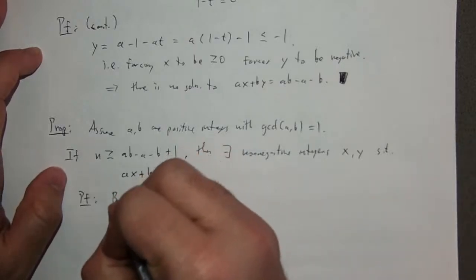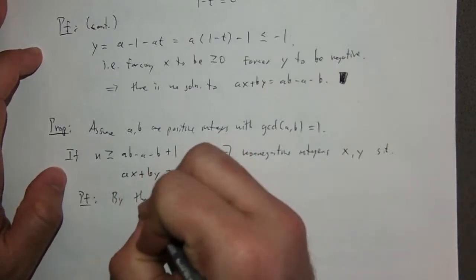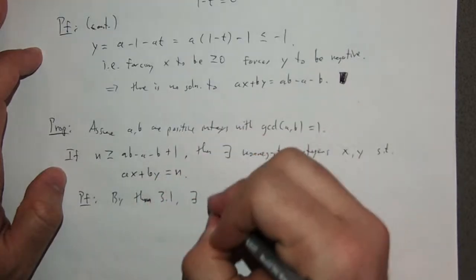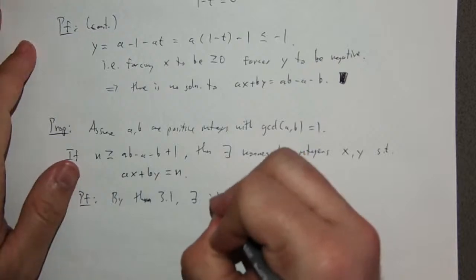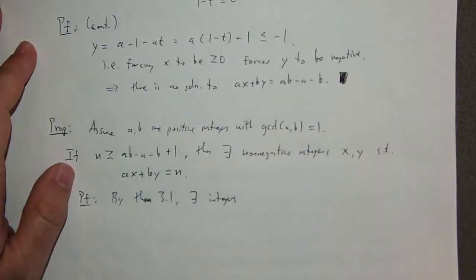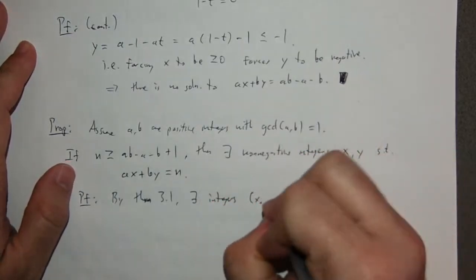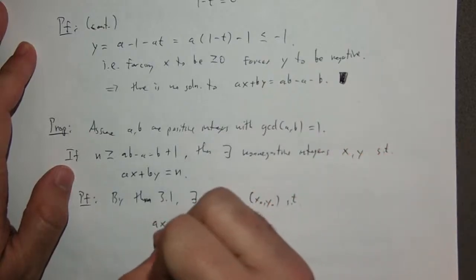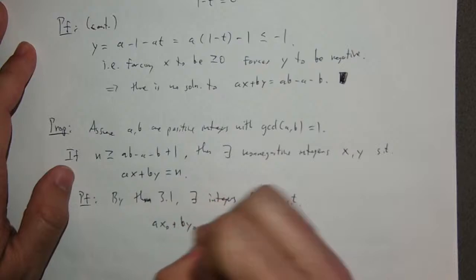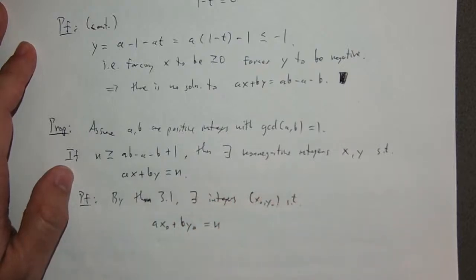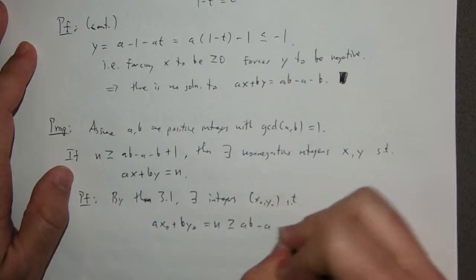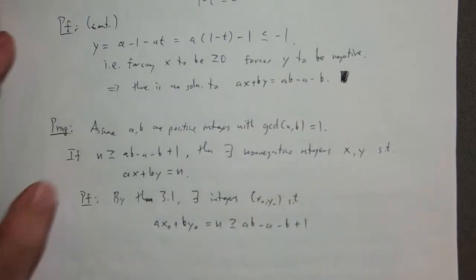So by theorem 3.1, there exist integers, say x naught, y naught, such that a x naught plus b y naught is equal to n, and n, of course, is greater than or equal to ab minus a minus b plus 1.